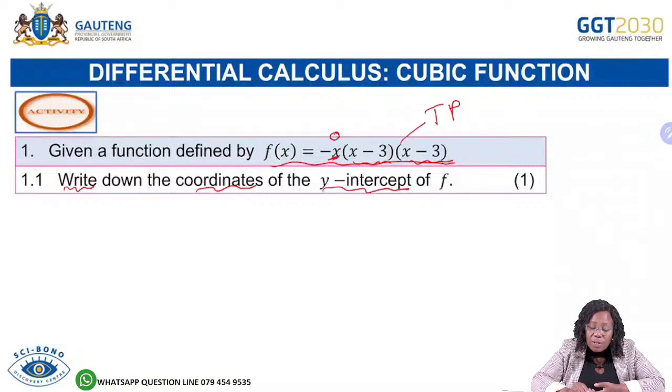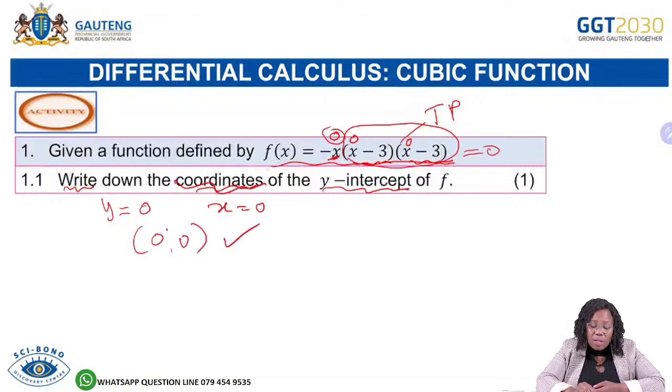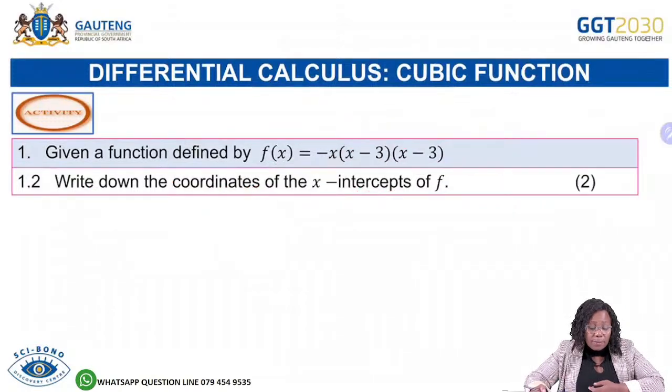If you put 0 here, 0 here, 0 here, can you see we are multiplying the whole thing by 0? Therefore, our answer will be 0. So now our y here will be equal to 0 when x is equal to 0. So the coordinate will be 0 and 0 there, because they are looking for the coordinates. It must be written in coordinate form. That is your 1 mark.